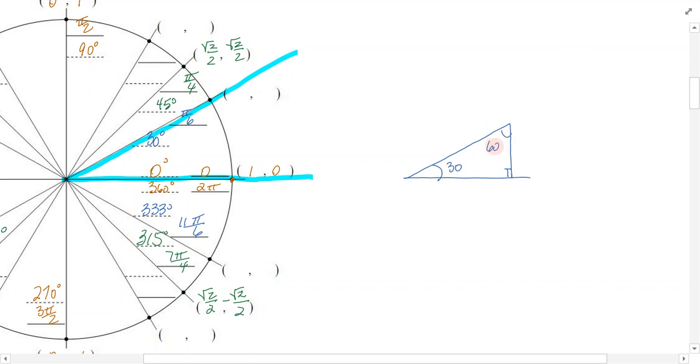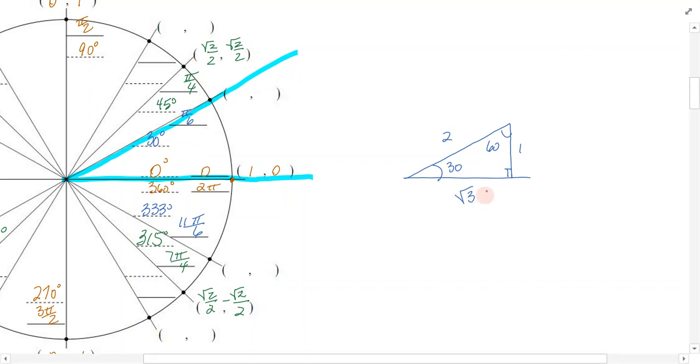And previously we learned that if we have this special triangle, then the legs and the sides on a 30, 60, 90 triangle would have to be 1, 2, and square root of 3. And those are just the dimensions that we know from before.